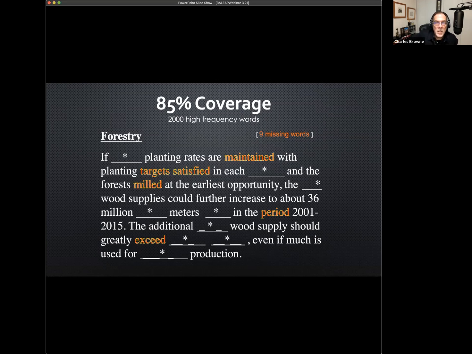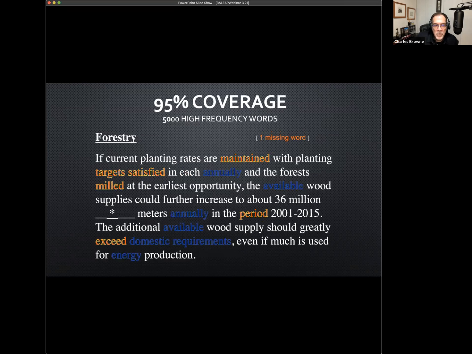But what you can see here is that, in fact, it's still not easy to read. 85% is not enough to be able to read and guess from context. If you jump up to a vocabulary size of about 5,000 high frequency words, then you're getting somewhere between 95, 96% coverage. And in this case, now there's only 1 missing word and it's much, much easier to read, right?